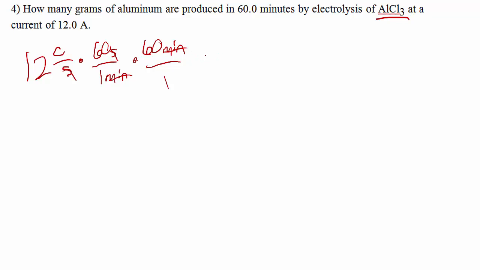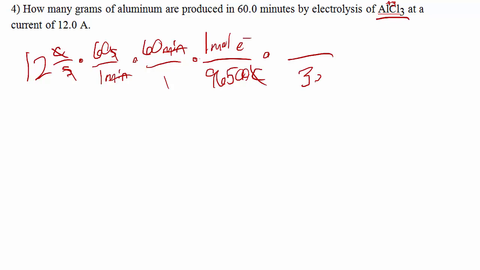Now, charge to electrons. I know that 1 mole of electrons is the equivalent of 96500 coulombs, so coulombs cancel out. Now I know how many moles of electrons have gone through. My next step is, how many moles of electrons would I need? Al goes from +3 to 0, so I need 3 electrons for each Al.